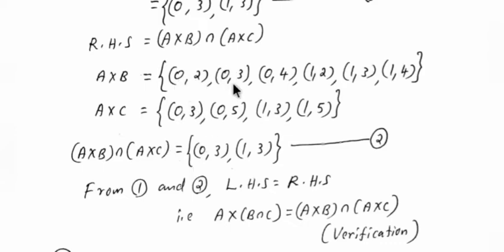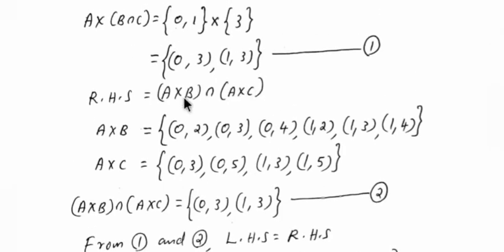It is not common. 0, 3 is common, therefore it can be taken. Then 0, 4 is not common. 1, 2 is not common. 1, 3 is common. That can be taken. Then 1, 4 is not common. Then put equation number 2.